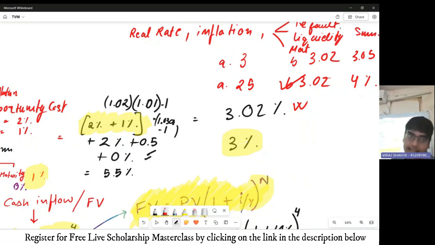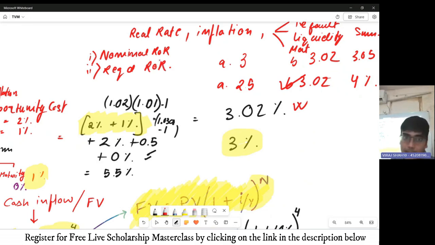They might ask you in 2 languages. Either they will say nominal rate of return, or they can ask you required rate of return. Required rate of return is a sum of all 5.